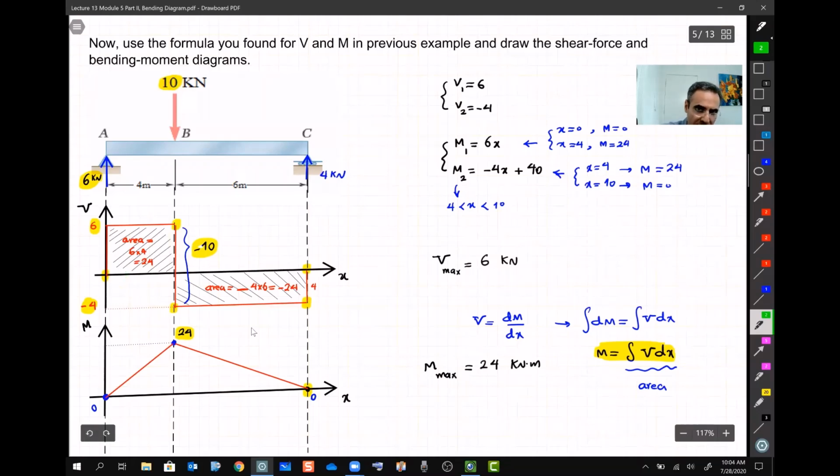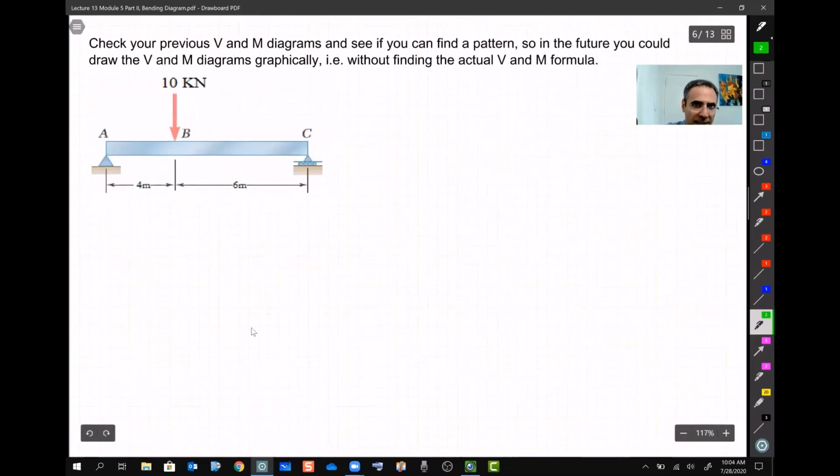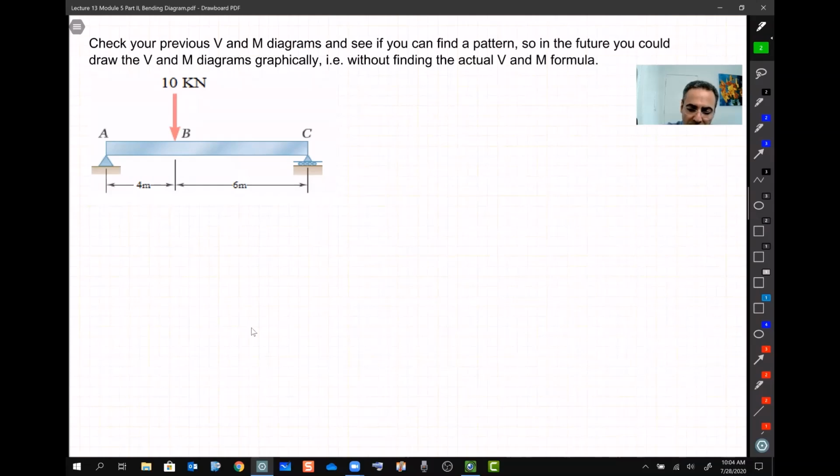So with these things that we know now, let's pretend that we don't know any equation for this problem. That's the same problem. Let's pretend we don't know any equation and we just want to see if we can draw the V and M diagram. I'm so used to the term free body diagram that anytime I want to say V and M diagram, I say free body diagram. So this is, we know, 6 and 4.